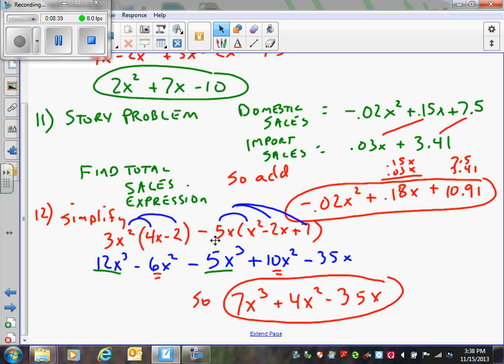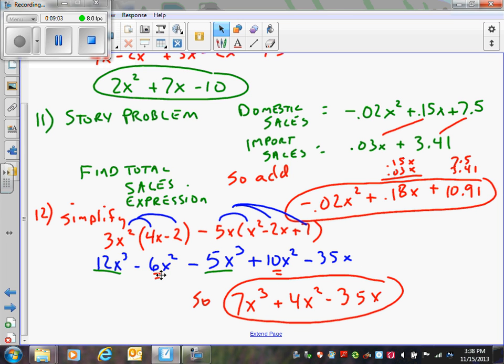I take my minus 5x, remember that minus is going through on every one of those. Minus 5x times x squared is minus 5x cubed. Minus 5x times minus 2x, minus times a minus is a plus, 5 times 2 is 10, x times x is x squared. And then minus 5x times plus 7 is minus 35x.